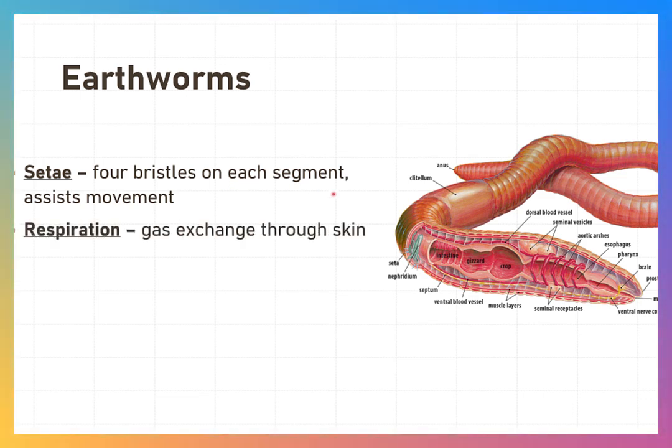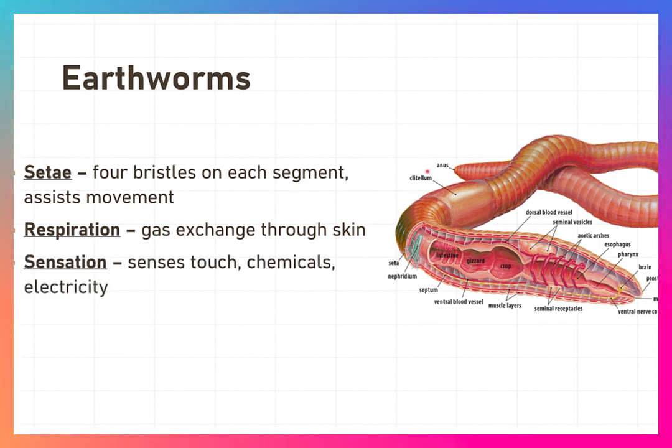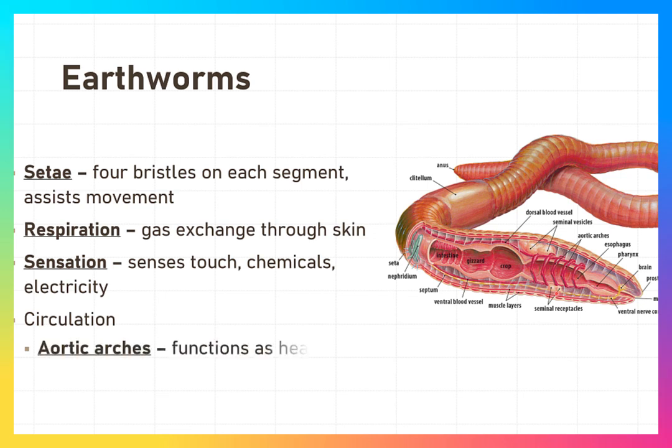Gas exchange or respiration is through the skin. And sensation, the worms can actually sense touch, chemicals, and electricity. And electricity, they actually react quite violently to electricity. As I said, the circulation is through these aortic arches and then up through the dorsal and ventral blood vessels.